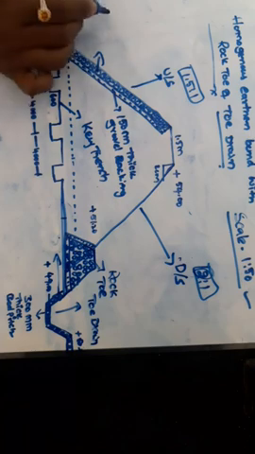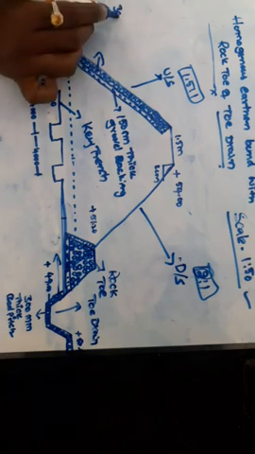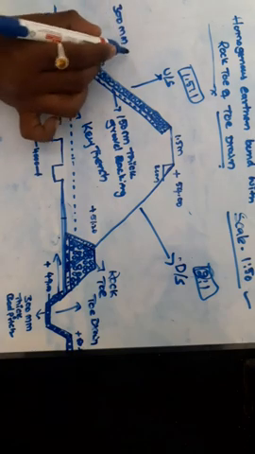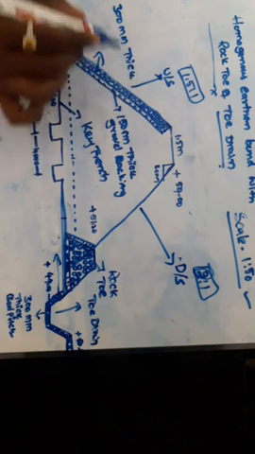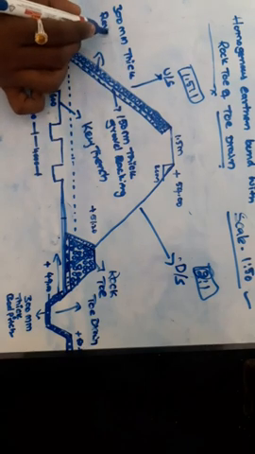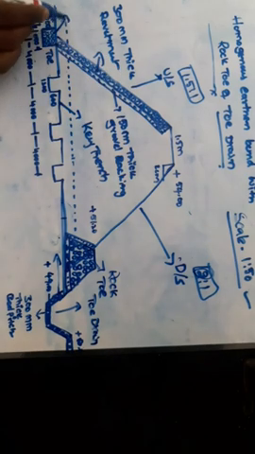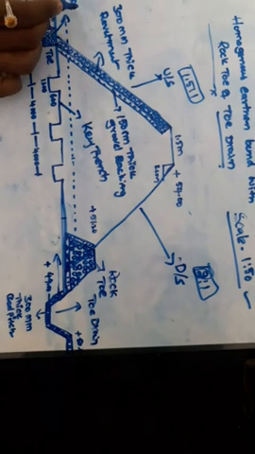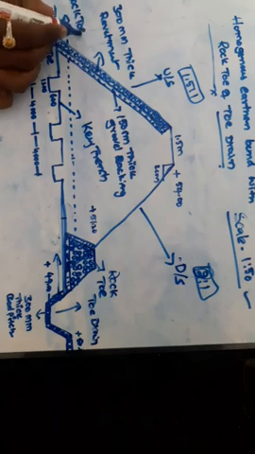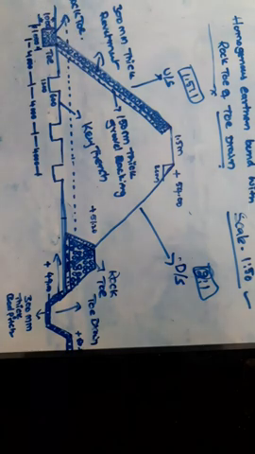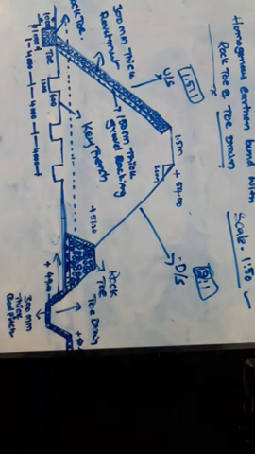This is the revetment, 300 mm thick boulders revetment. This is the rock toe on the upstream side. This is the total structure of the homogeneous earthen bund and rock toe. Okay, thank you.